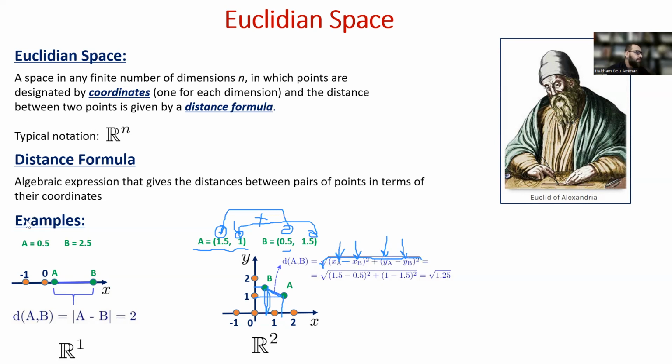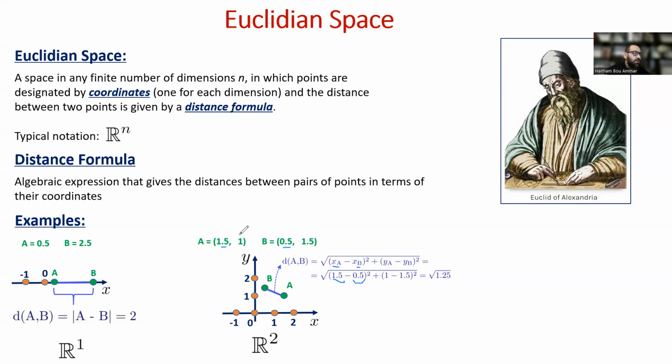So in terms of our example, xa is 1.5 and xb is 0.5, right? So that's how far I will go in the x coordinate to have A and how far I will go in the x coordinate to have the point B. And then I just subtract 0.5 from 1.5, and then I would square it.